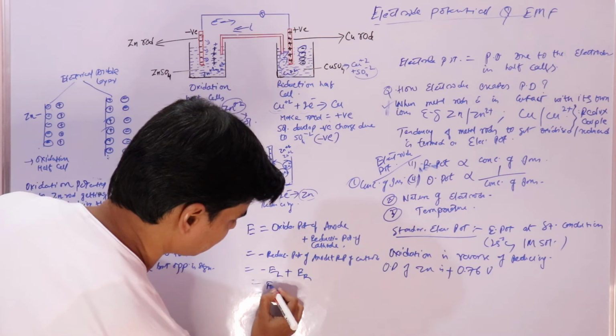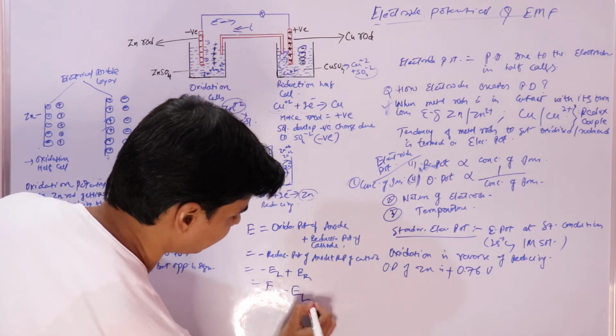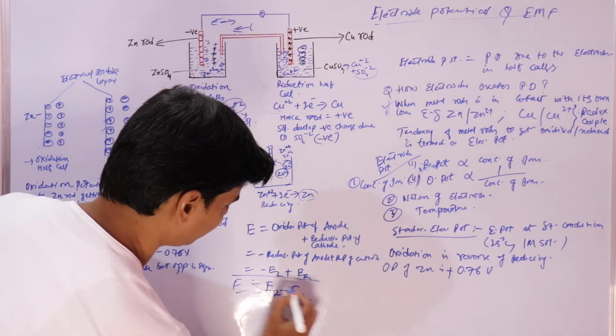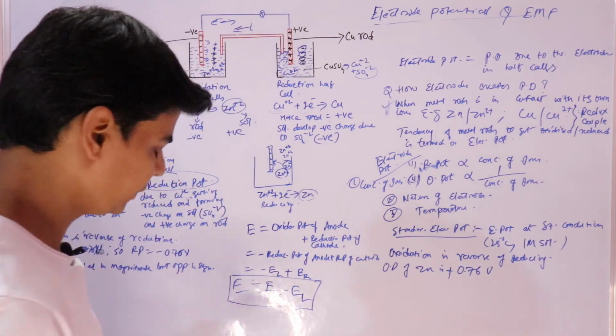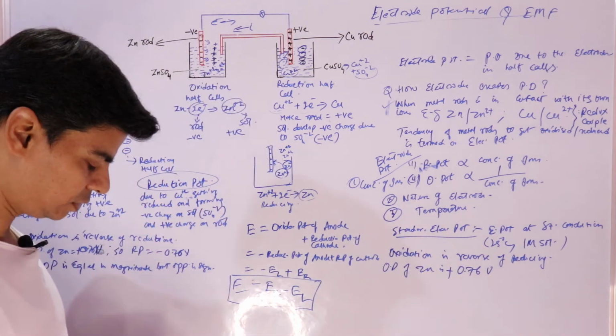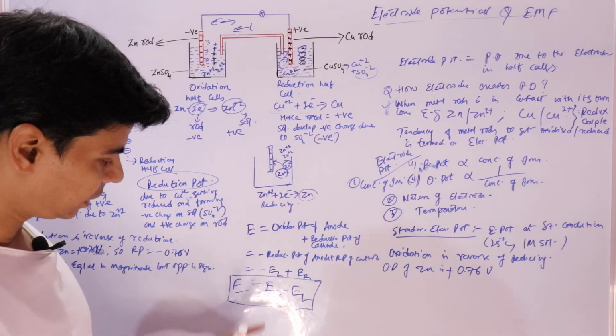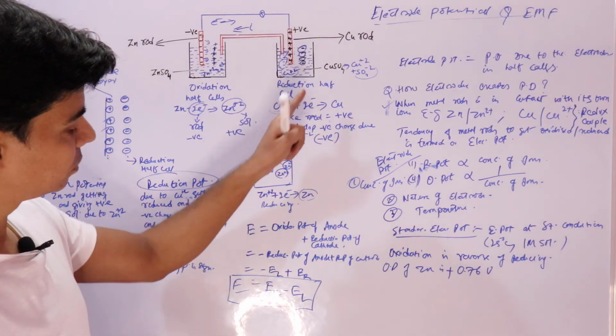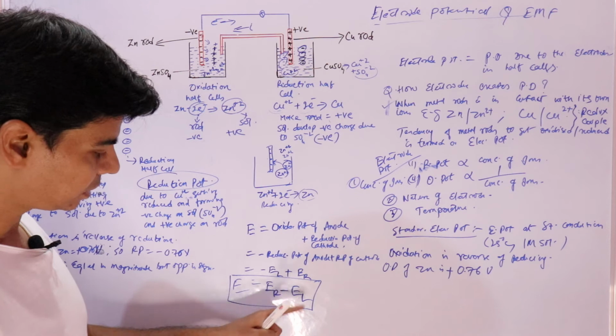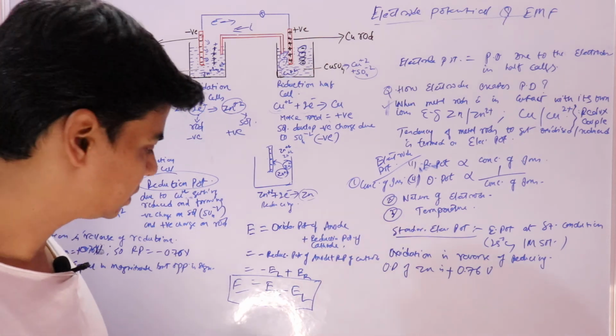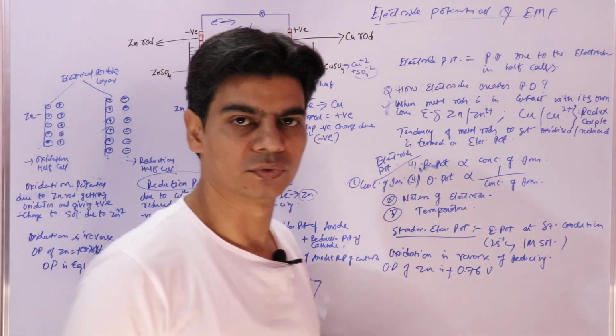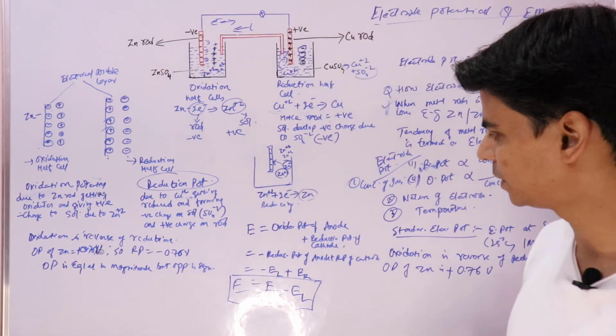So this is ER minus EL. So this is the formula for the EMF of the cell. Whenever you are asked to calculate the EMF of the cell, the reduction potential of cathode minus the reduction potential of anode, this is the formula for the EMF of the cell, right.